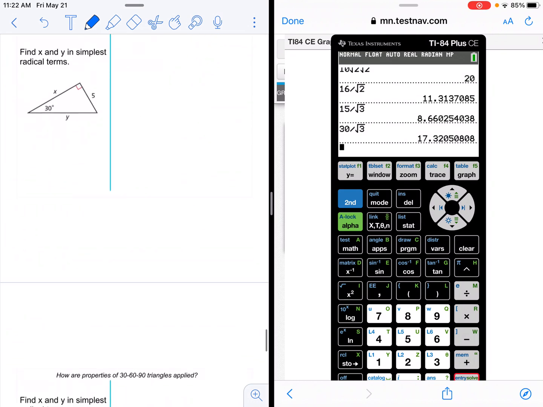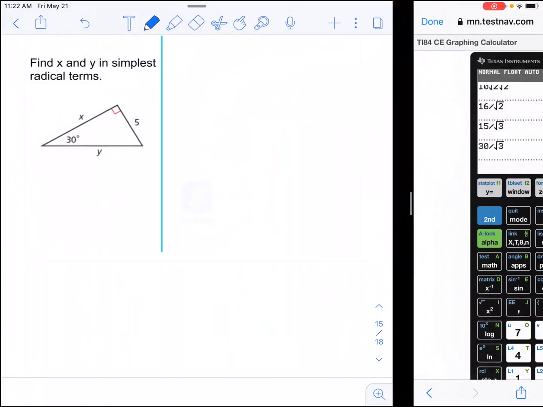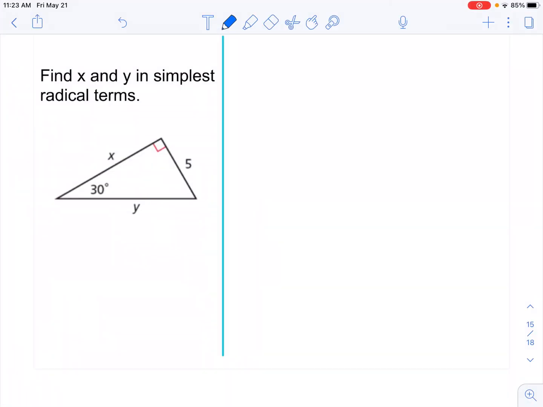We'll try one more before I let you start your worksheet. All right, so I'm going to draw my similar triangle, 90, 60, 30. The side across from 30 is 1, the hypotenuse is double that, and the side across from 60 is the square root of 3.